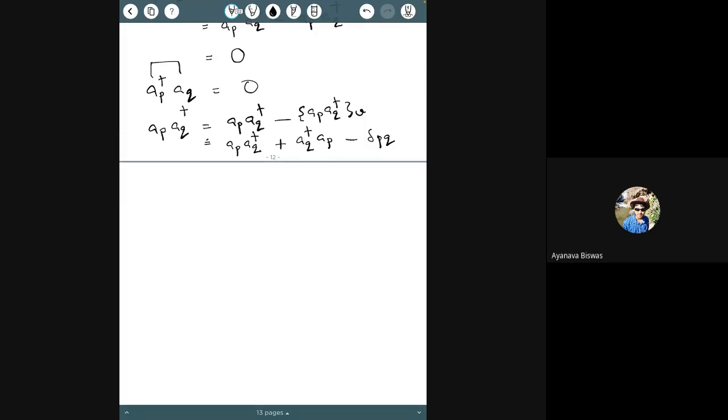A_Q dagger A_P plus. Why am I getting a negative sign? I should have just got a positive sign.